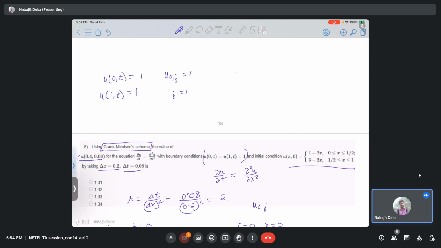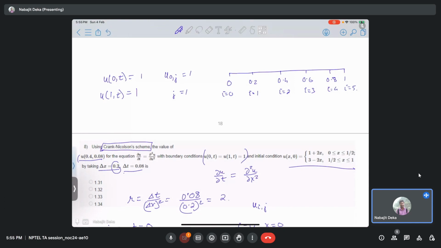So this is 0 and this is 1. Since delta x is 0.2, we'll have 0.2, 0.4, 0.6, 0.8. So this is i equal to 0, 1, 2, 3, 4, 5.